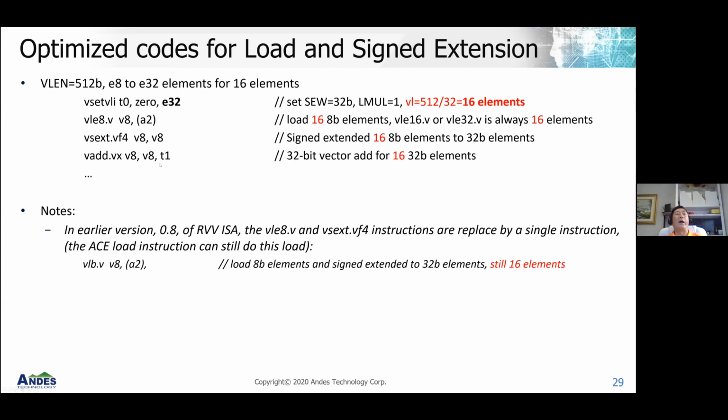And so in the earlier version, it comes down to 3 instructions instead of 4. Because we implemented the vector processor since version 0.8, we still have that implementation. So this VLB instruction can be a custom instruction within the vector processor.